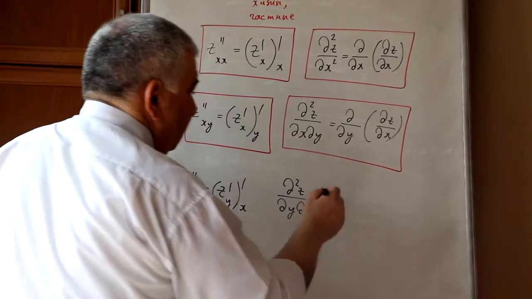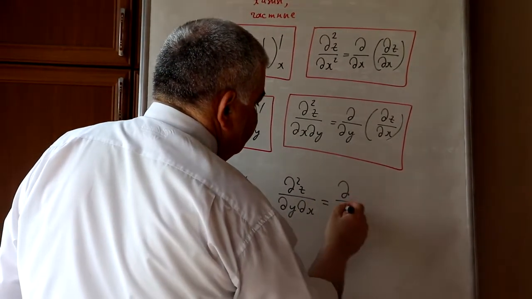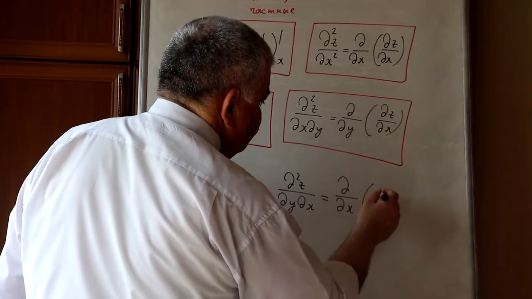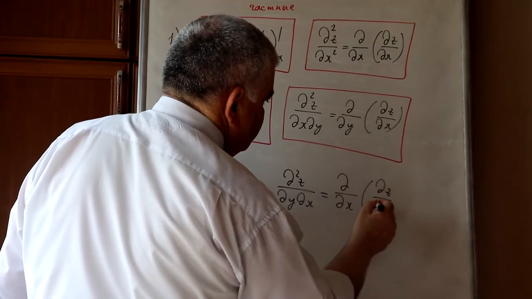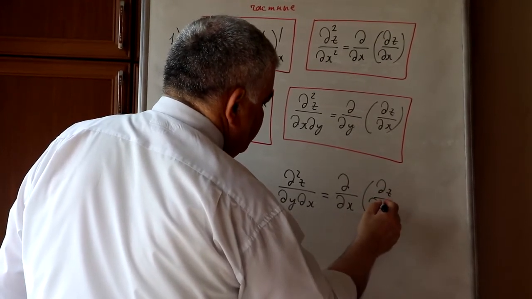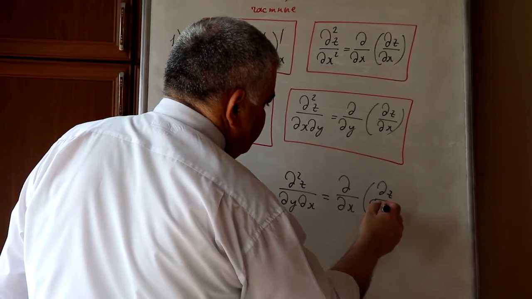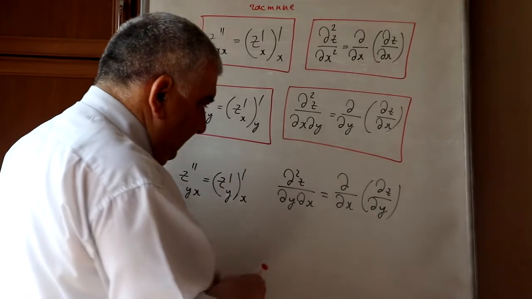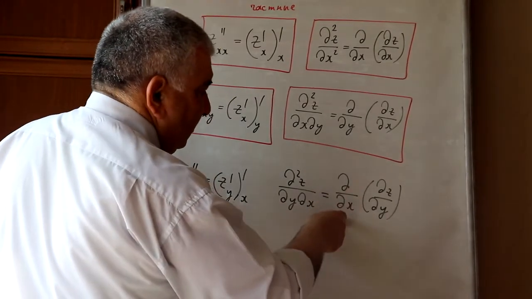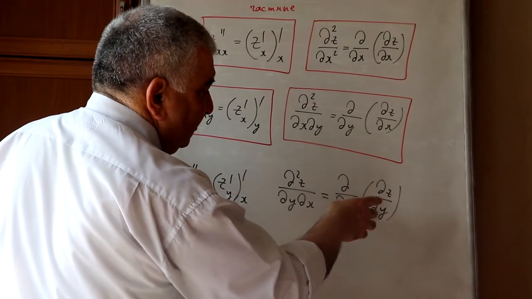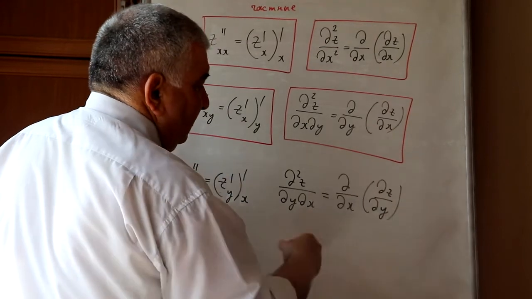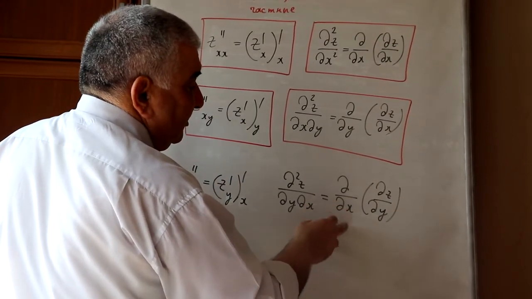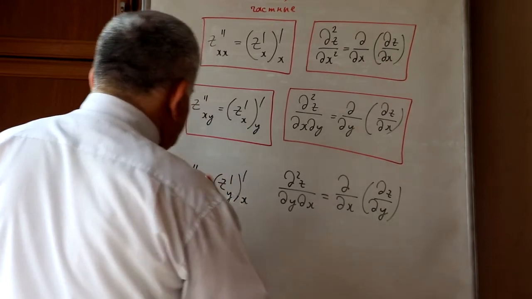It is partial derivative with respect to x of partial derivative with respect to y. Here first the partial derivative with respect to y is taken, then the partial derivative with respect to x is taken.